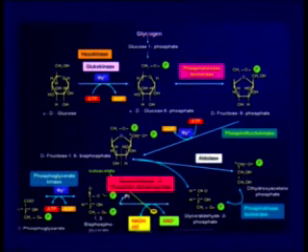Now the next important step is the conversion of fructose 6-phosphate to fructose 1,6-bisphosphate. This is again an irreversible step, and being irreversible, it is another regulatory step of glycolysis. In fact, it is one of the most important regulatory steps of glycolysis. Why do you think this is the most important step of glycolysis?